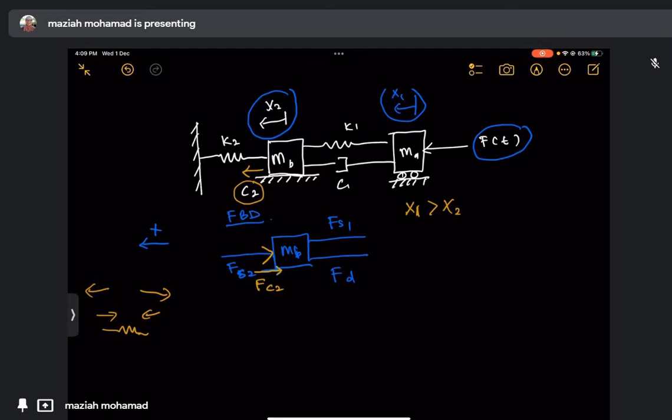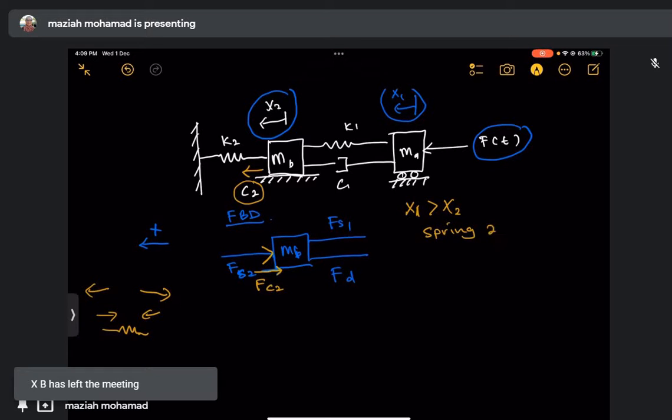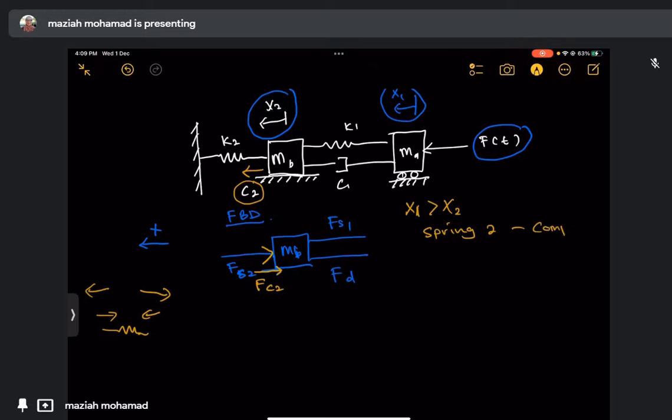So therefore, the spring will be in compression, right? Therefore, the reaction will be that way. So here, this will be the direction for spring number 2.